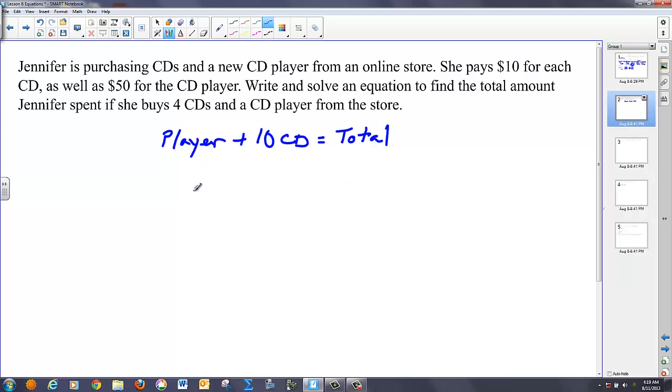So I know the CD player was $50. I know it's $10 for every CD, and let's just call the CDs variable C. And that's going to equal an unknown total.